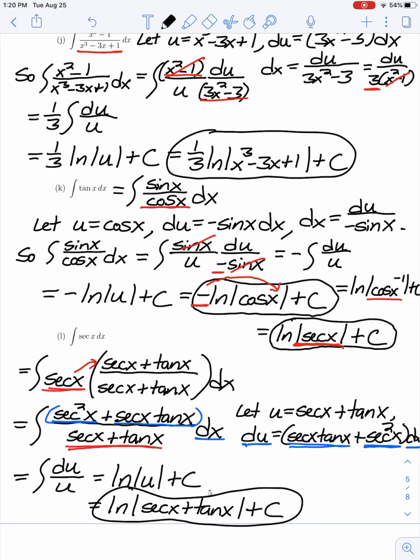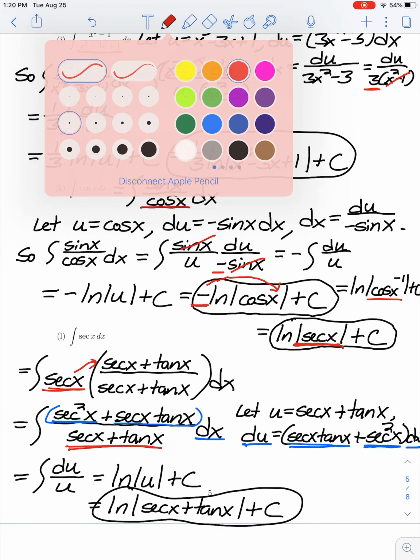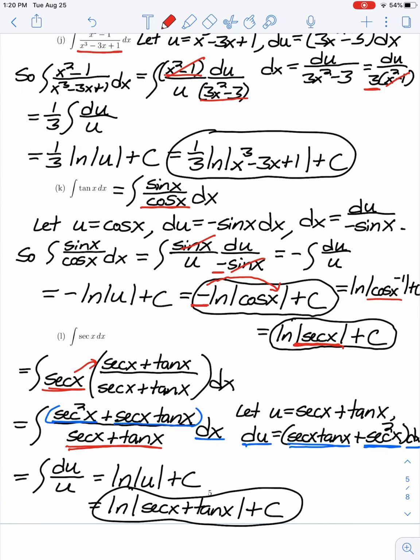So this is an expression for the antiderivative of secant x. We see here that to derive this formula, we can make use of a substitution if we are very clever in the way we manipulate our function. I'll mention that this integral will come up a few times over the course of the semester.